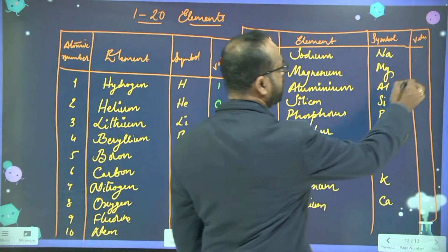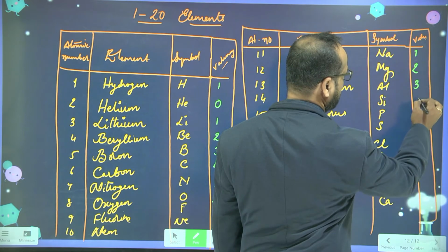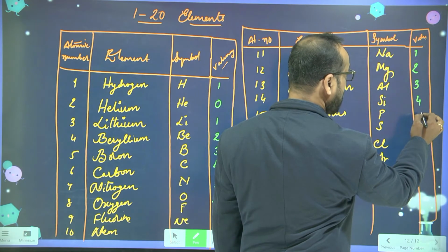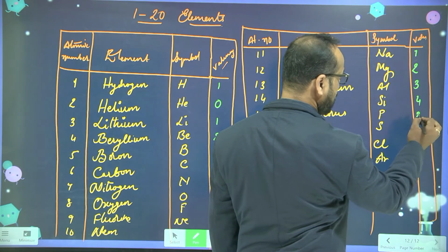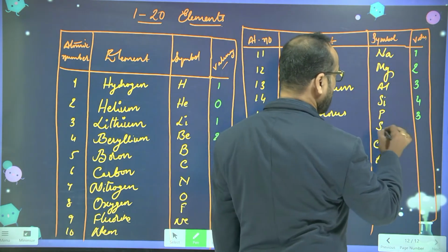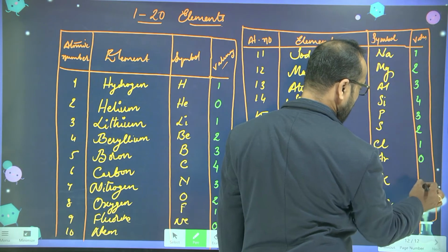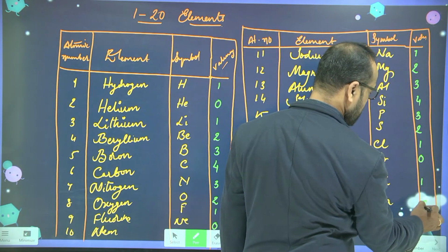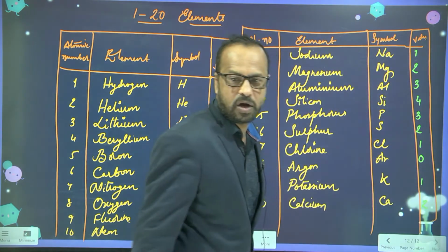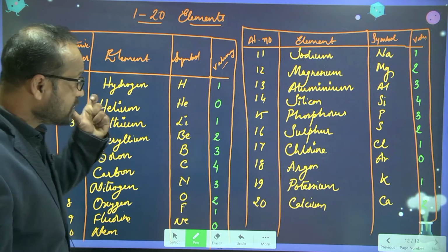Now here again sodium it starts with 1, magnesium 2, aluminium 3, silicon 4, phosphorus again we write 3, even you can write 5 also students. I will explain in the later classes. Okay. And 2, 1, 0. And here it is 1 and here it is 2. So students, these are the valencies of these elements. These valencies are very, very important.